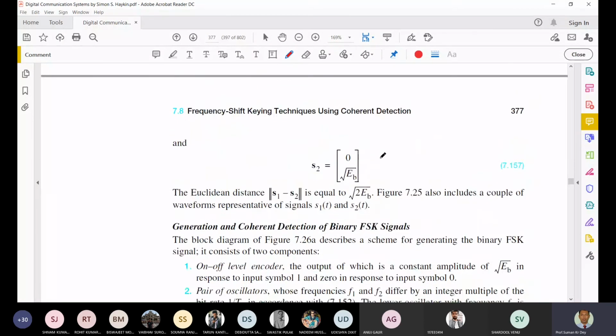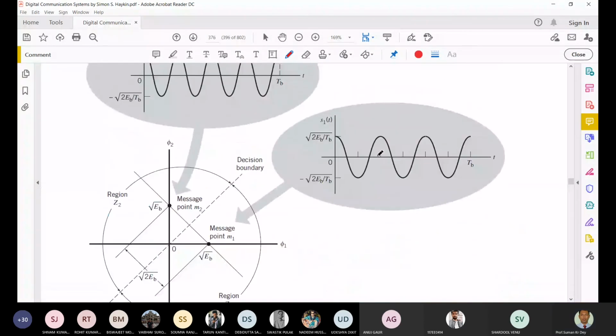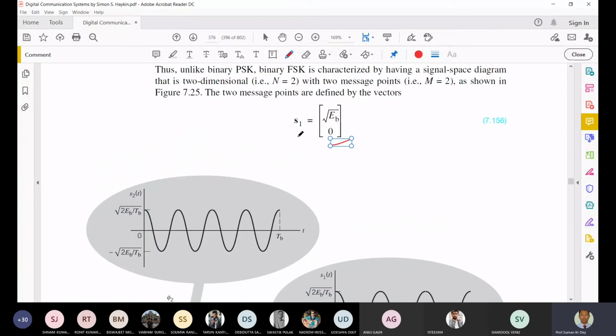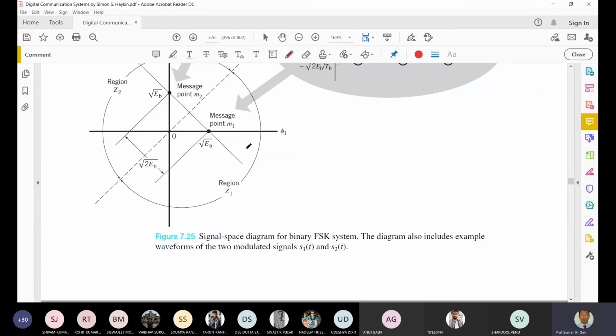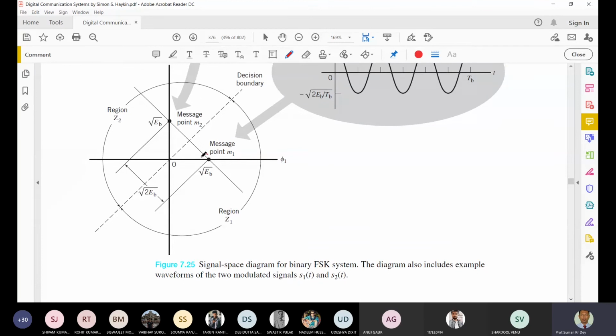That means if we plot these 2 values, for the first one, s1, what is the value? Square root of Eb and 0. So this point it is indicating. In the second case, it is indicating this point. So these are the 2 message points, and these are the values of the message. Square root of Eb is the amplitude.